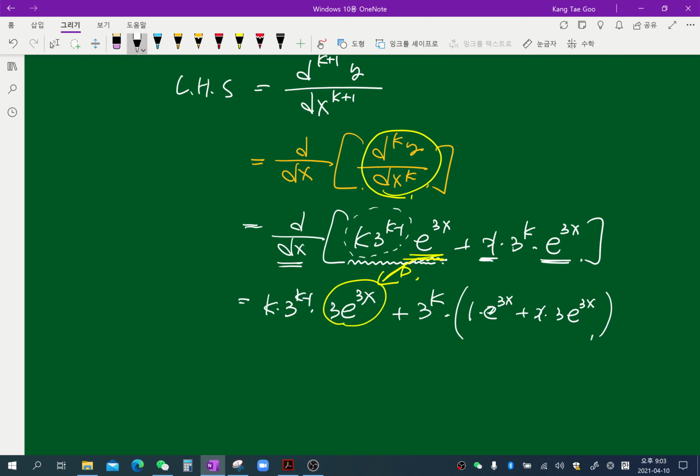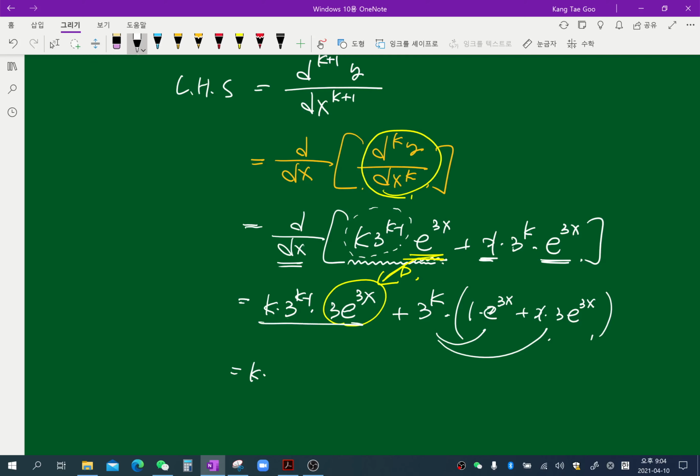All right, and then we expand those two. K times 3^(k-1) times 3, times 3 is 3^k, right?